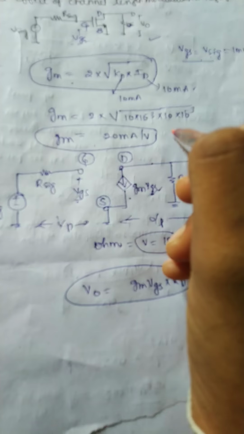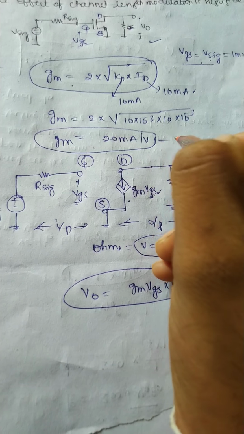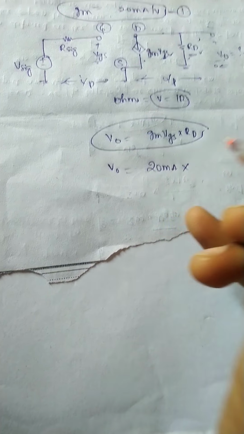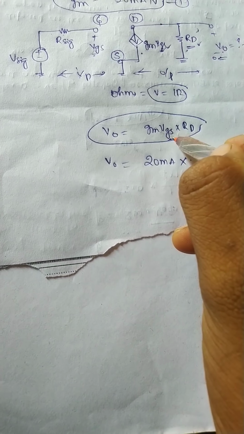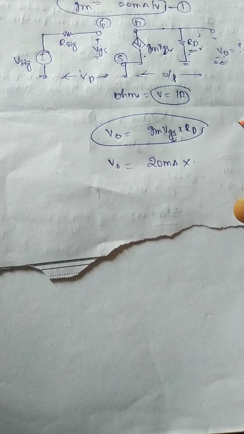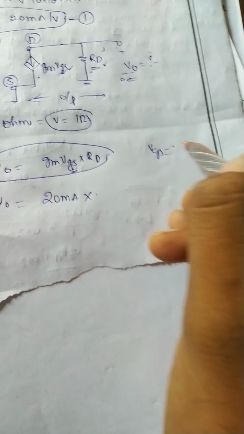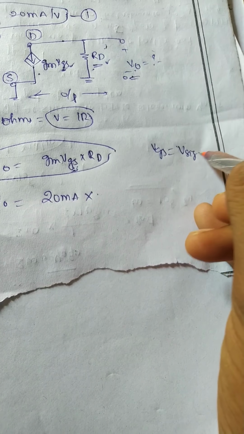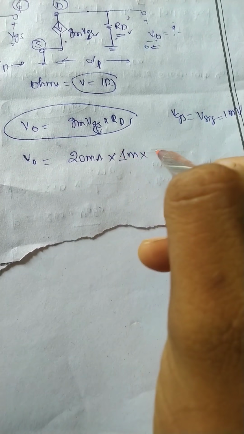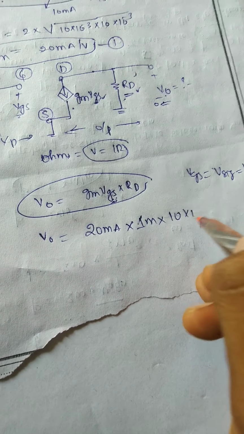By the help of the first equation value, V output equals gm, already known as 20 milliamps per volt, times VGS. VGS is the gate to source voltage, which is the same as the input signal voltage, VGS equals V signal equals 1 millivolt. Substitute here, and the drain resistance given in the question is 10 kilo ohms, so simply substitute 10 to the power of 3.